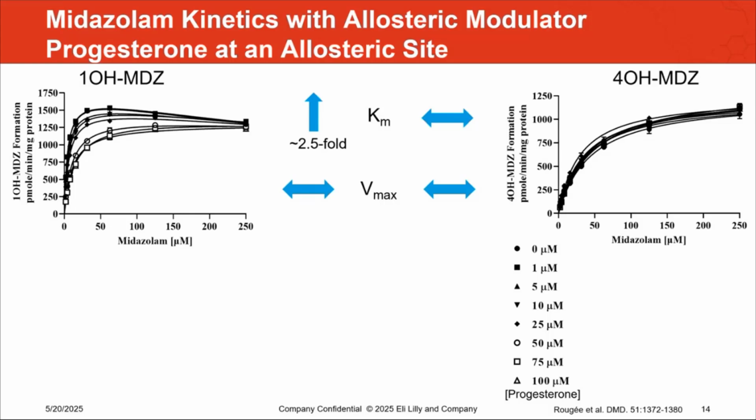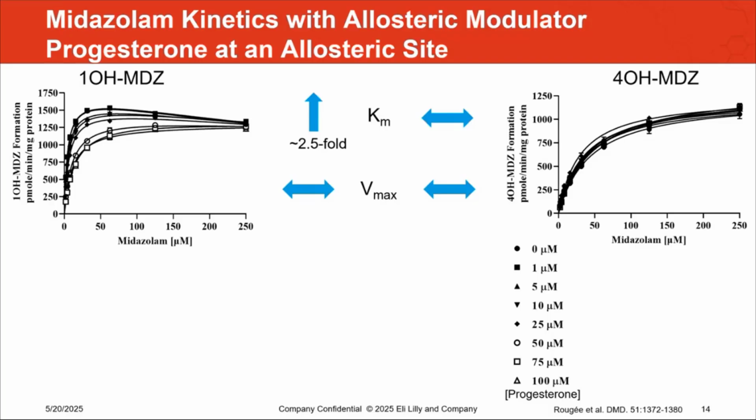If we were interacting within the active site, we would see an interaction in both the 1-hydroxy and 4-hydroxymidazolam formation. This gives us confidence that progesterone is binding to an allosteric site and altering the enzyme conformation so that you're forming 1-hydroxy differently than you are in the absence of progesterone, but 4-hydroxy formation is unaltered.